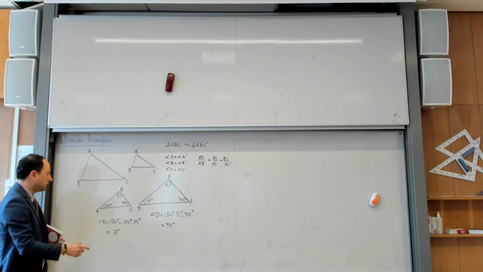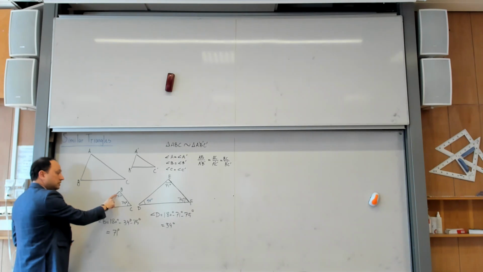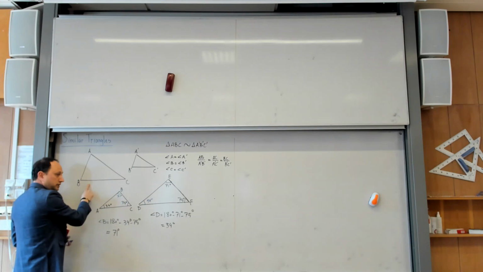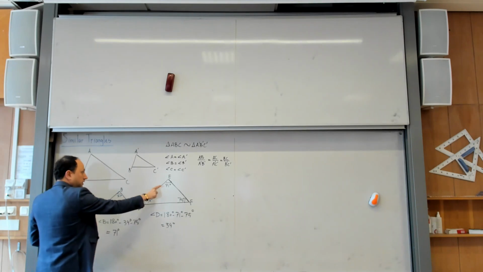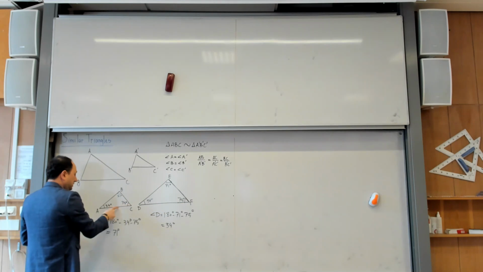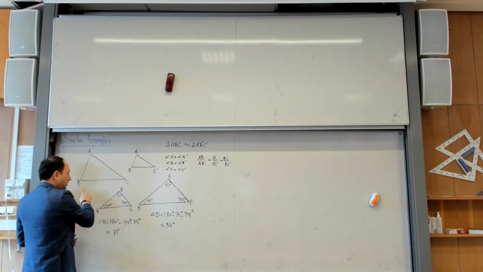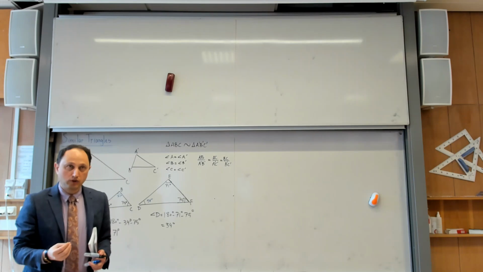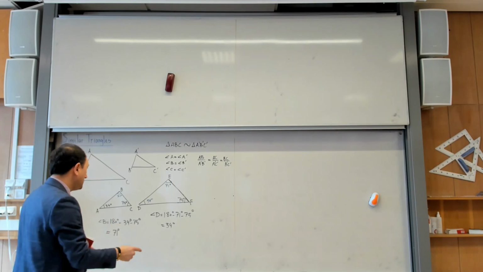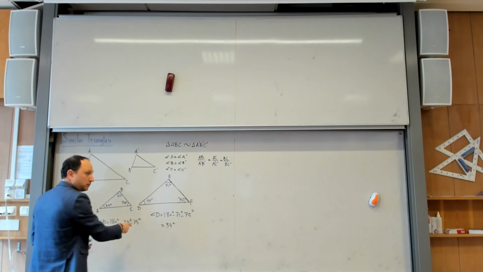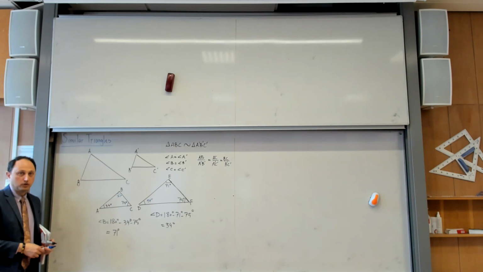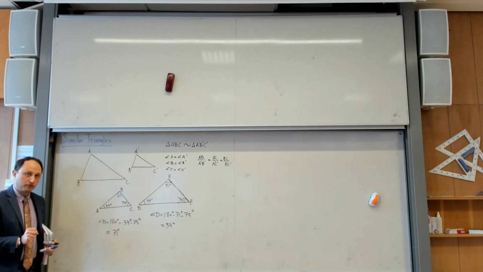In principle, I have to take the length of this and divide by the length of this and write it down somewhere. And I do the same thing for this one and that one, and for this one and this one, and compare these three numbers, which should be exactly equal. If that is the case, then because the angles are also the same, I can conclude that the triangles are similar. Okay? This is in principle.